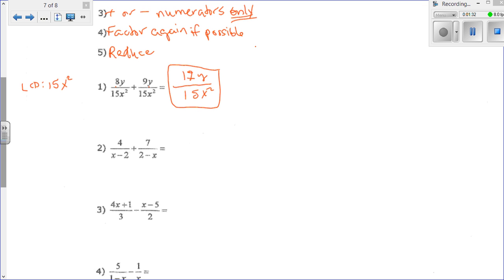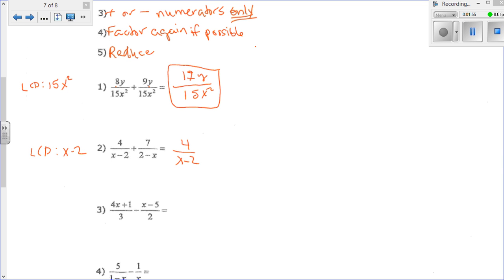For number 2, I have 4 over x minus 2 plus 7 over 2 minus x. Well, my LCD here is just going to be x minus 2. X minus 2 and 2 minus x are related to each other. We know that if you multiply by negative 1, you will get the reverse.